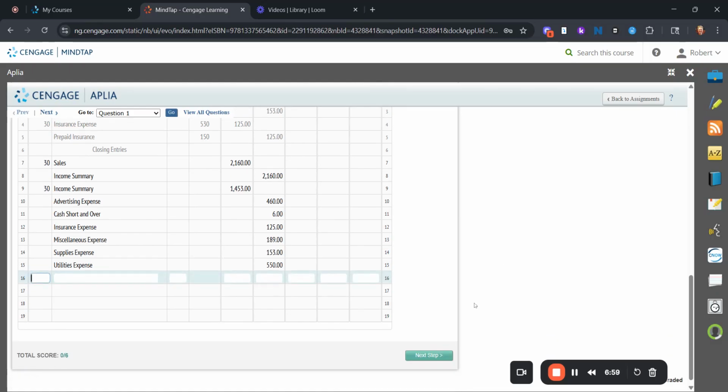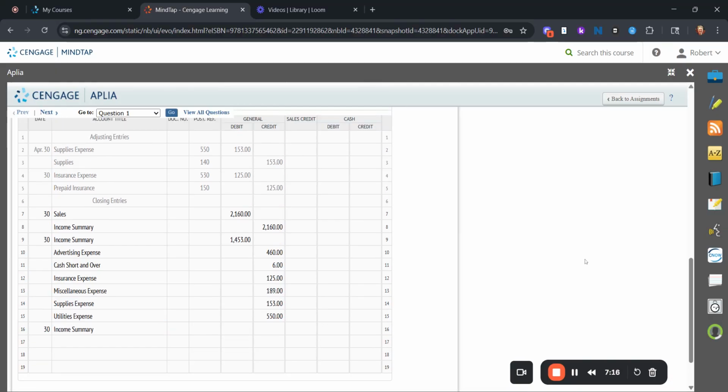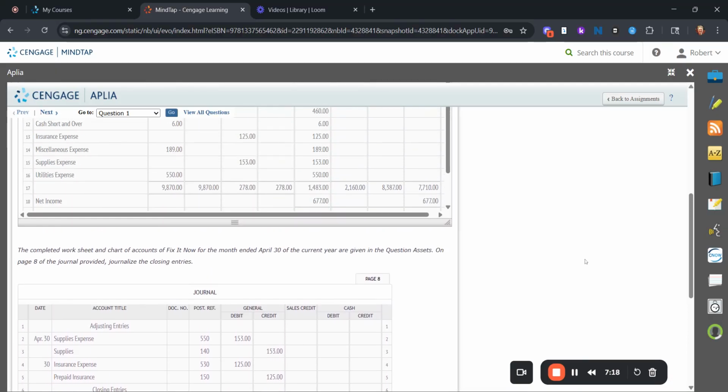Okay, so now we're going to have another entry that requires a date. I have another entry for income summary again. And we're going to use the net income amount. So we're going to get our net income of $677.